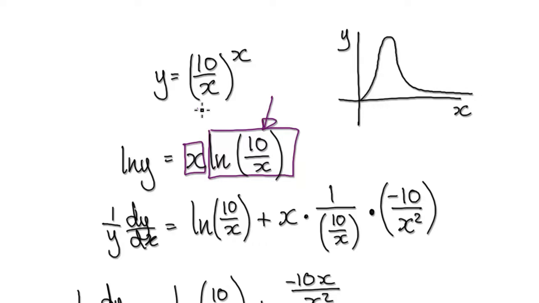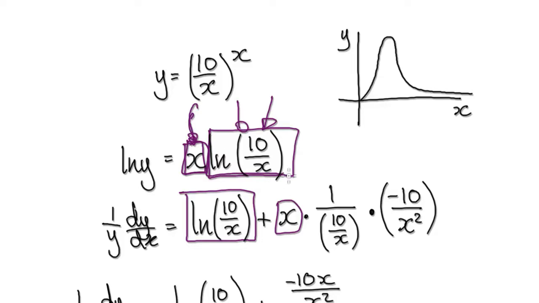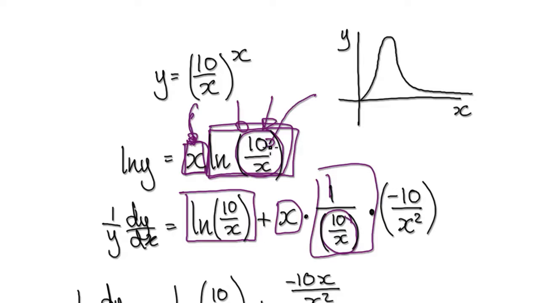So the product rule is you differentiating the first, leaving the second alone. So when you differentiate x, it would be 1, and then you leave this alone, and then leave the first alone, and then differentiate the second. When you differentiate this, it would be 1 over the bubble, but then you've got to times the derivative of the bubble itself.